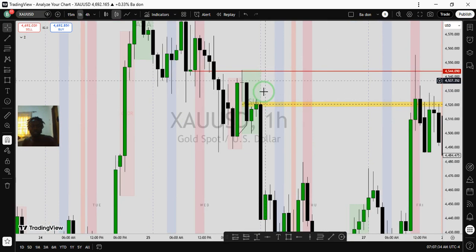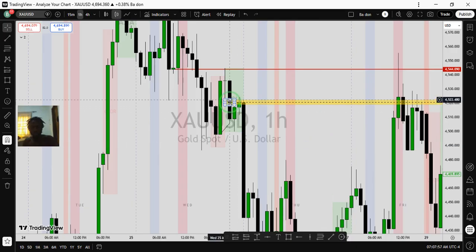Let me say this particular pattern is a very risky pattern, where the market fails to shift structure before creating that fair value gap, or after creating the fair value gap it fails to shift structure before giving an entry.